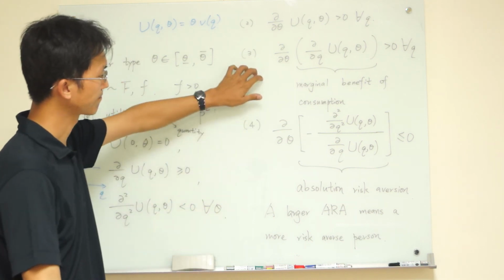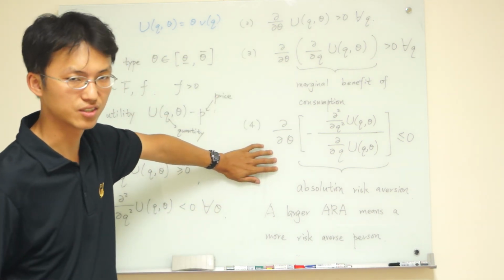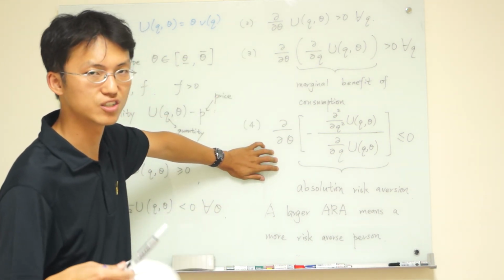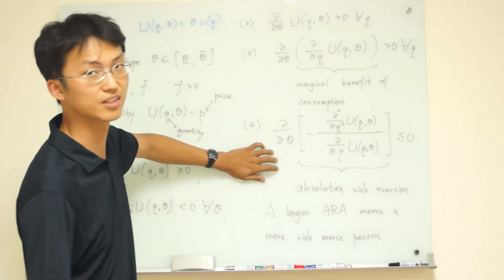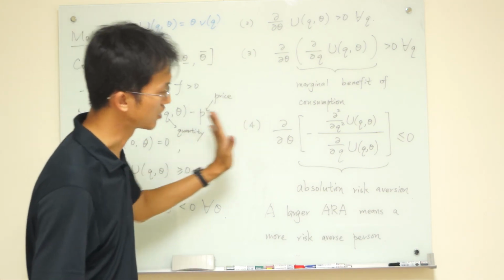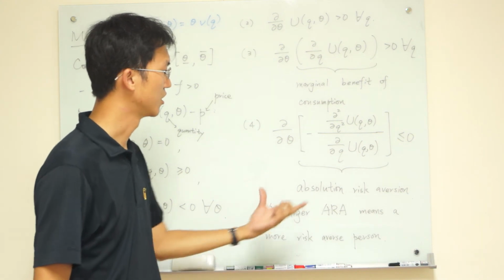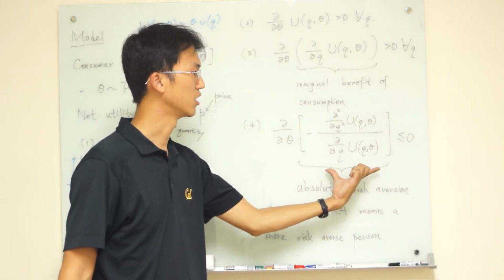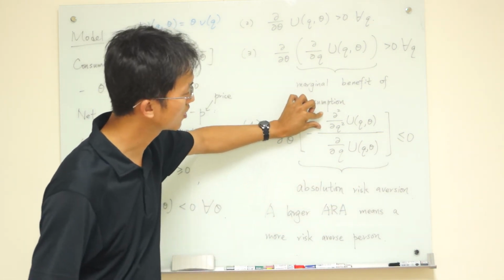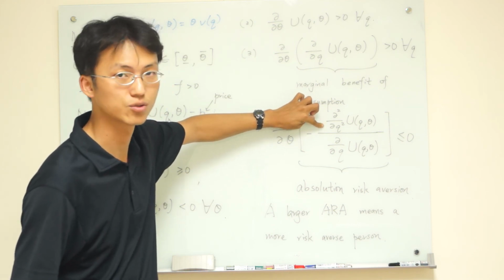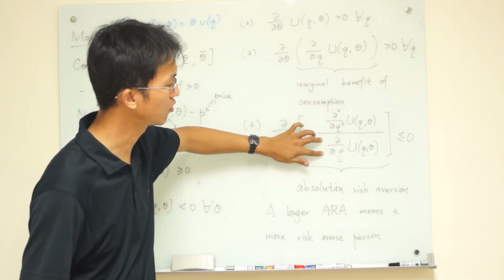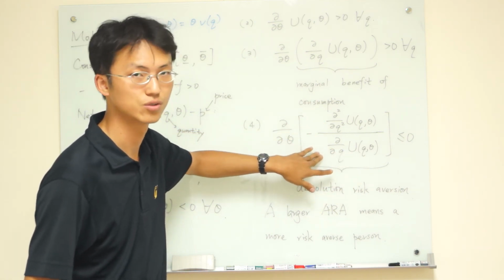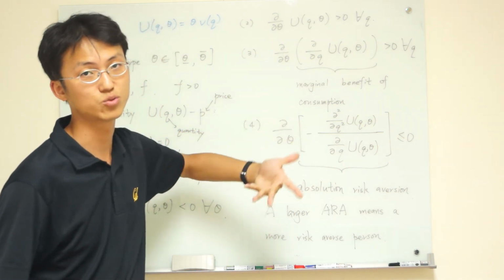The fourth one is more interesting, or more complicated to explain. Let's see what this is. First is about this quantity. This quantity is the second order derivative with respect to Q divided by the first order derivative with respect to Q, and then reverse the sign.